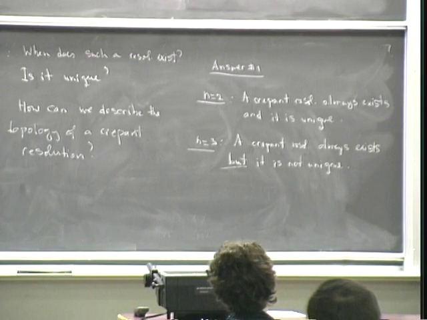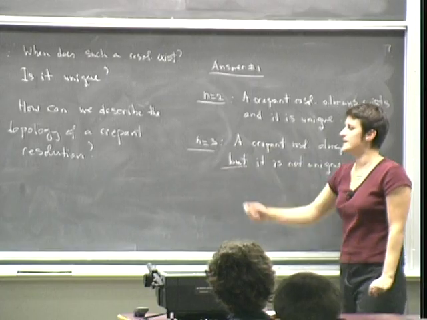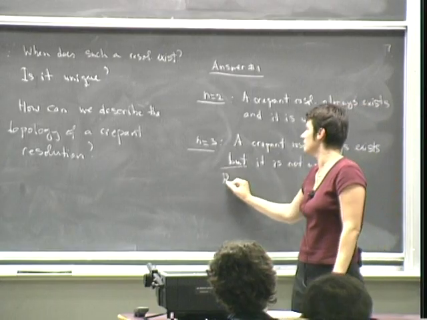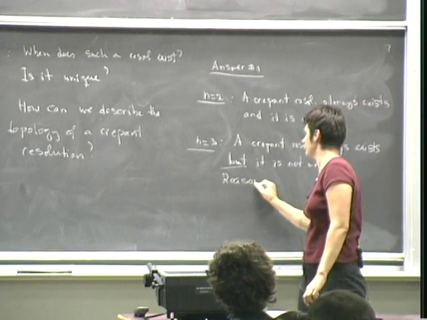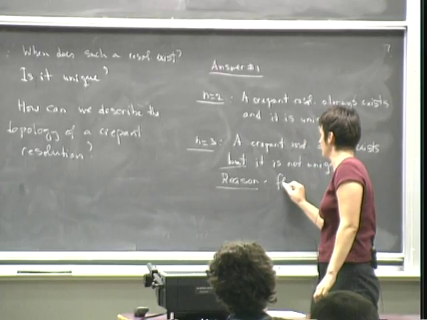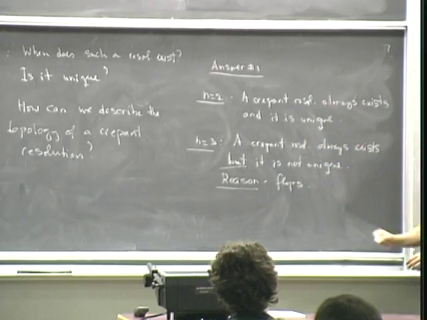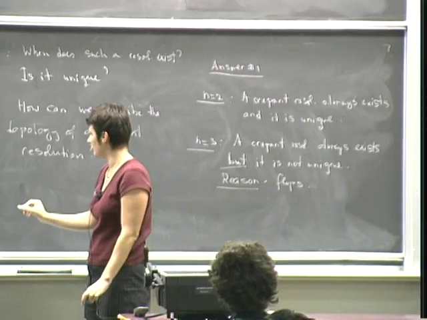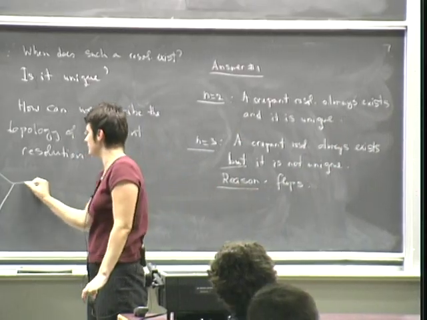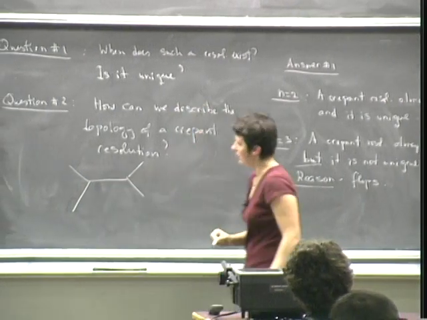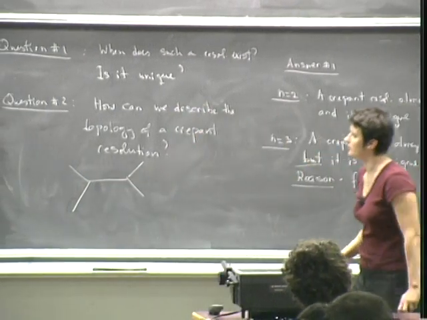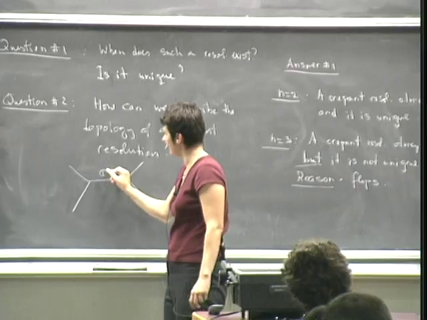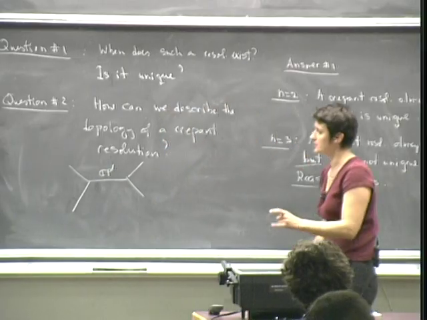And the reason for this is that in complex dimension 3, we have what's called flops. And what's a flop? You can think of it as follows: in our complex three-dimensional manifold, we have a CP1. So we have a rational curve.